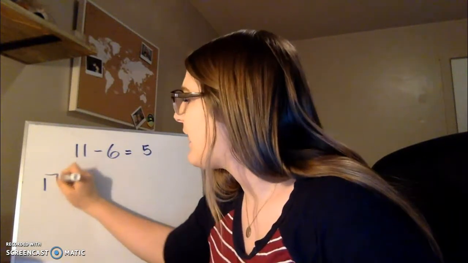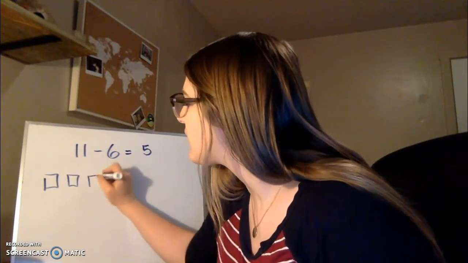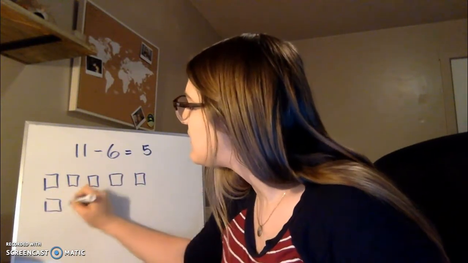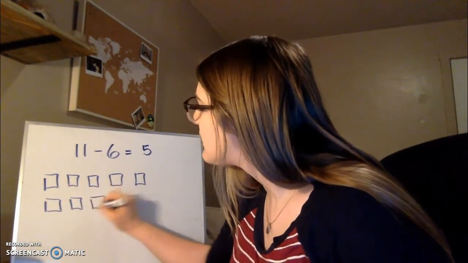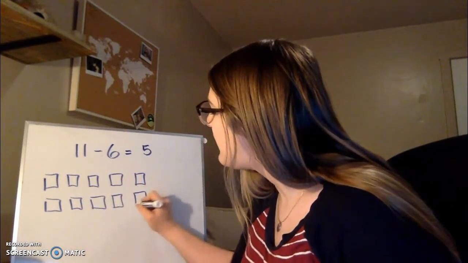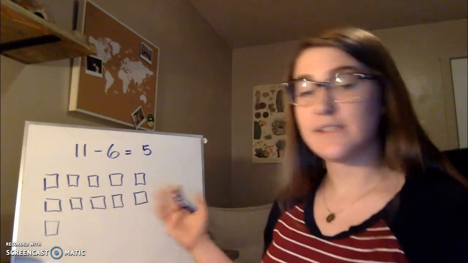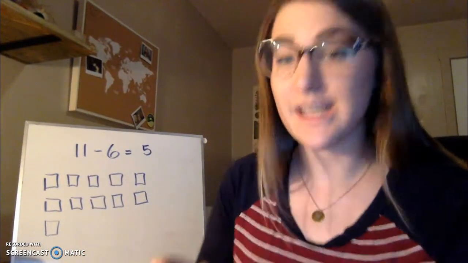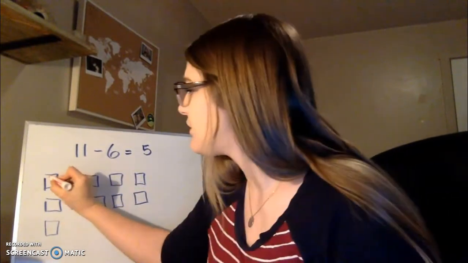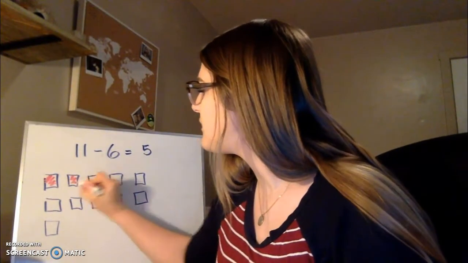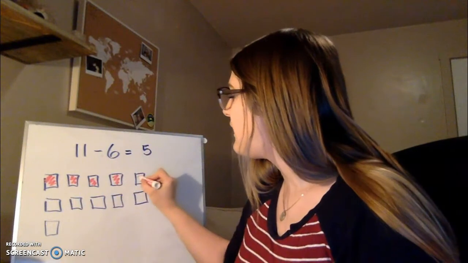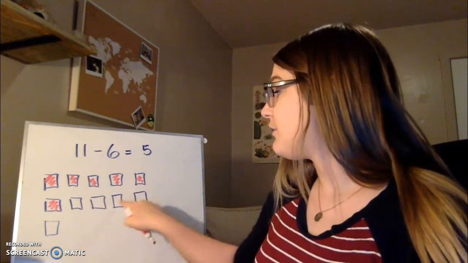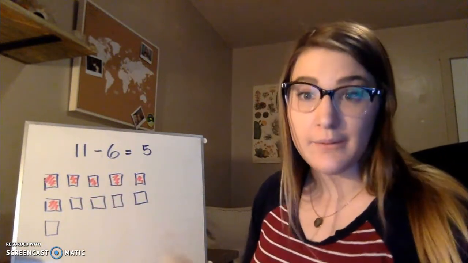So if I had 1, 2, 3, 4, 5, 6, 7, 8, 9, 10, 11 pieces of paper, I know that 6 of them are orange. So I'm going to color in 1, 2, 3, 4, 5, 6, leaving me 1, 2, 3, 4, 5 that are going to be blue.